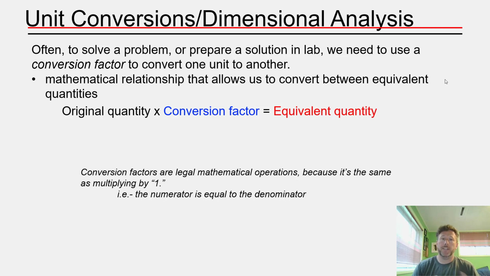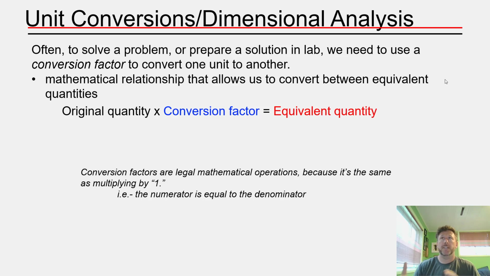So the thinking behind unit conversion or dimensional analysis is that we can use these equivalent mathematical quantities that we call conversion factors to convert a measurement in one set of units to an equivalent measurement in another set of units that will be more useful for solving the problem that we're trying to address. This is something that you've probably done reflexively ever since middle school or early high school.